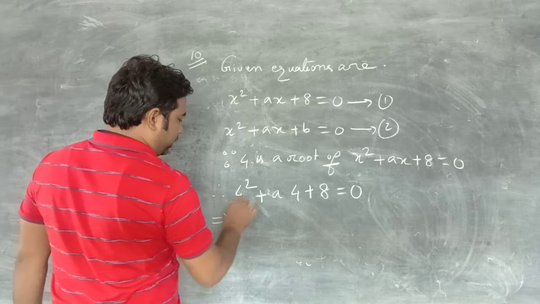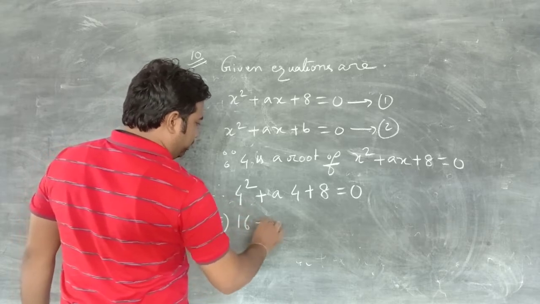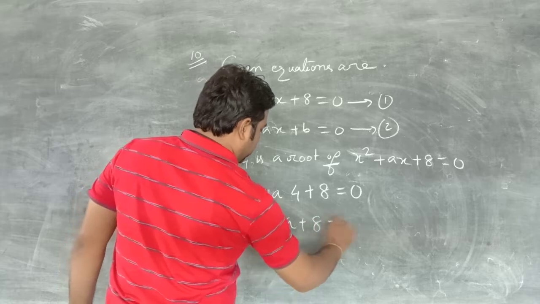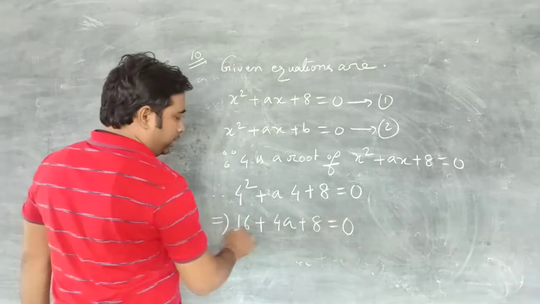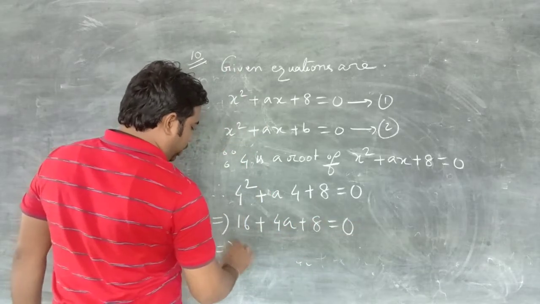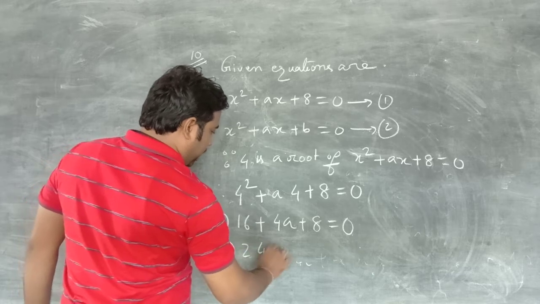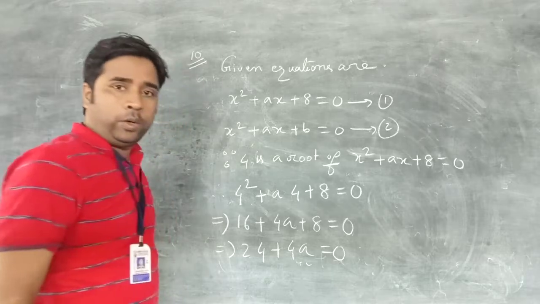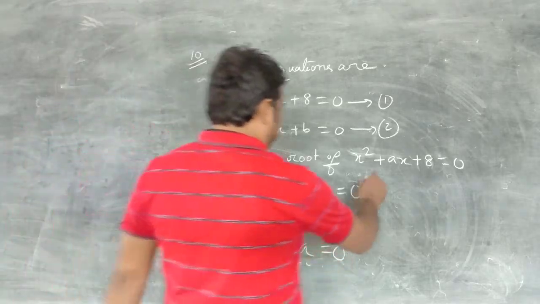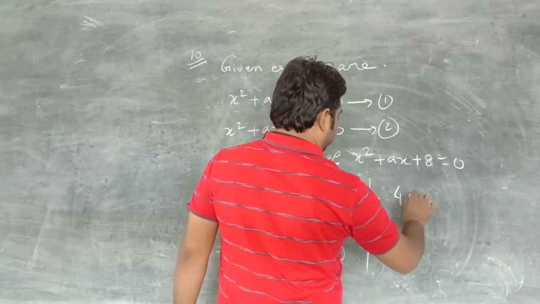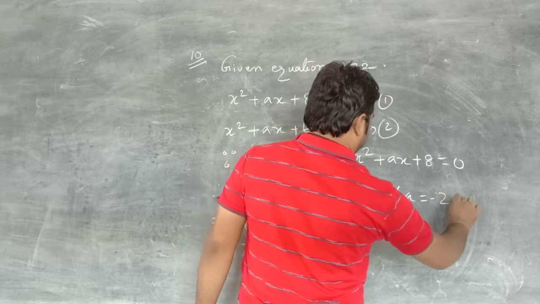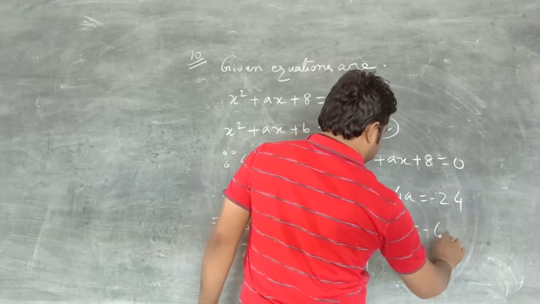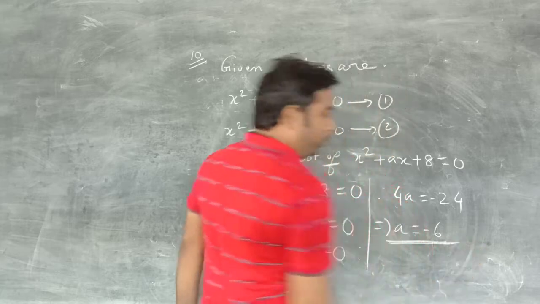So 4 square is 16, 16 plus 4a plus 8 equal to 0. So 16 plus 8 is 24, plus 4a equal to 0. So what is the value of 4a? 4a equal to minus 24. So the value of a is minus 6. So you have got that the value of a is minus 6.